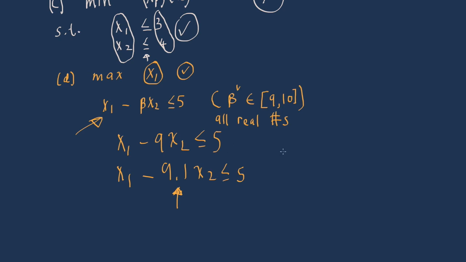As a result, you have an infinite number of constraints, and in a linear program, you need a finite number of constraints. Otherwise, it's not considered a linear program and you won't be able to solve it.